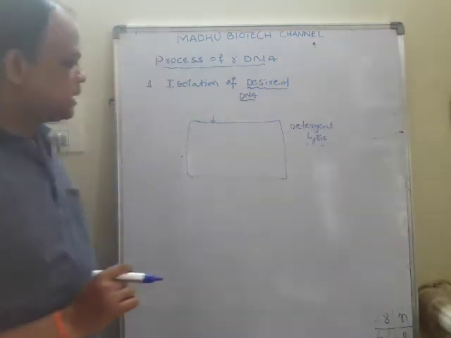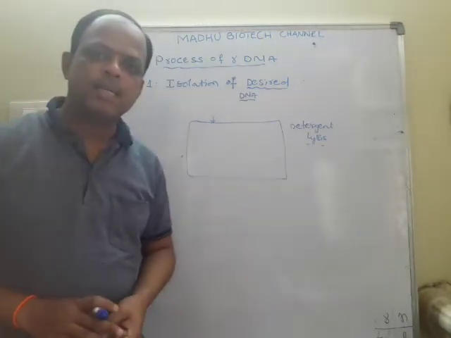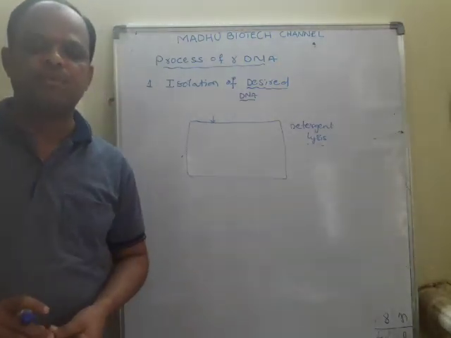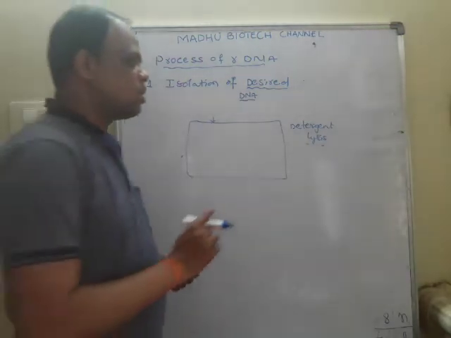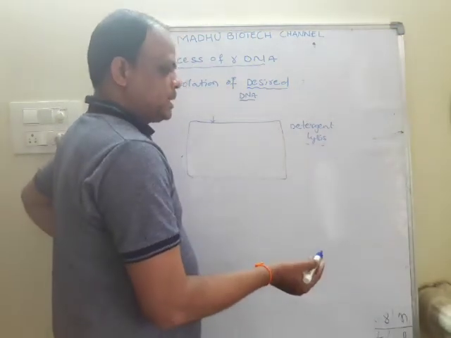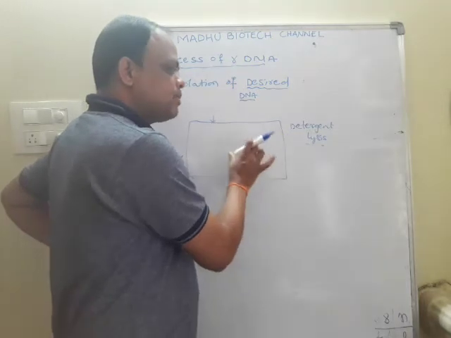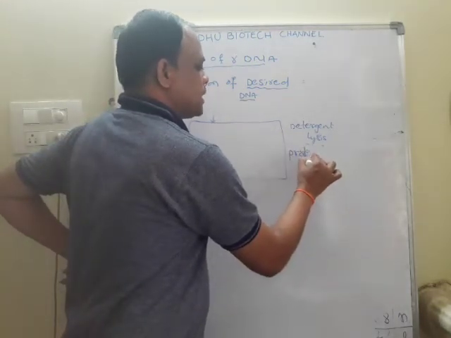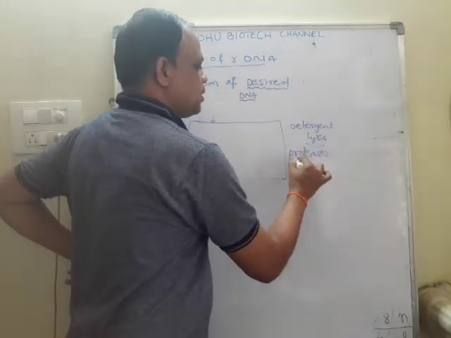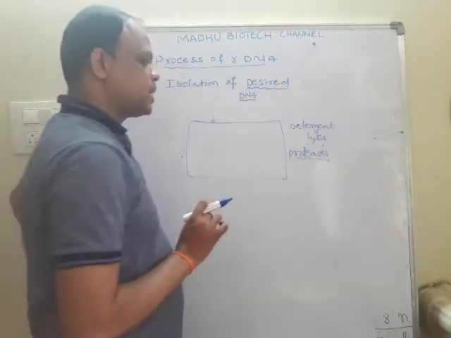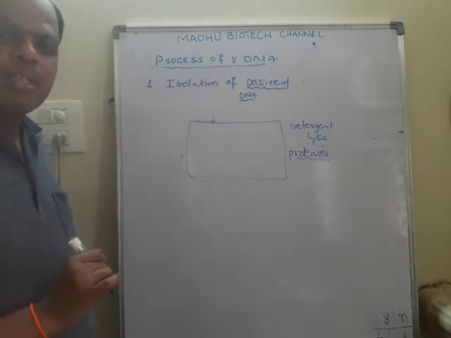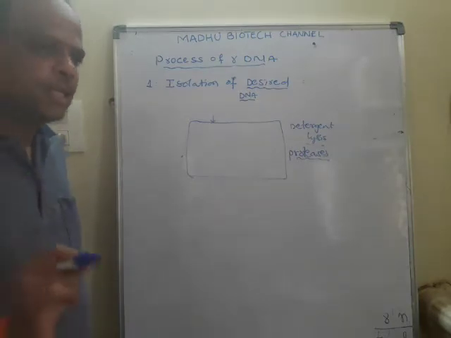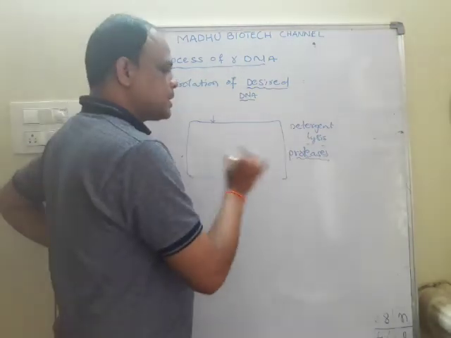Then the DNA particle is associated with specific proteins, which are called histone proteins. To degrade those histone proteins we use enzymes, proteases, at this place. Some cell organelles are also present, and some RNA particles are present.